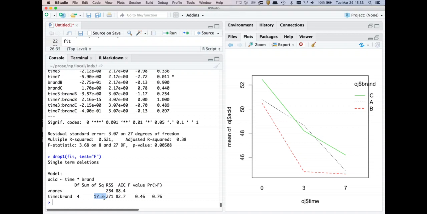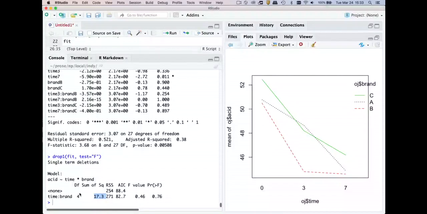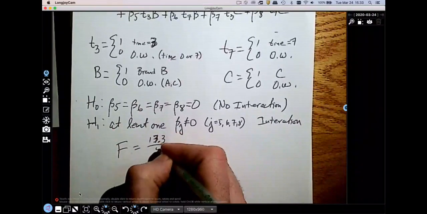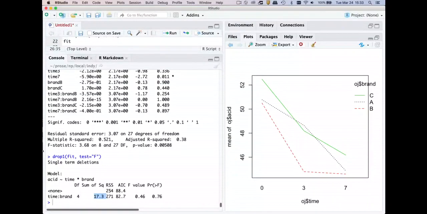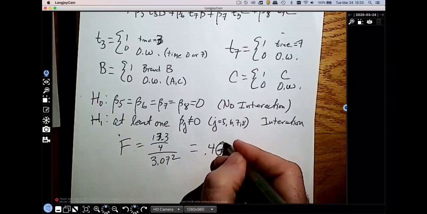So if I take 17.3 and divide that by 4, then divide by the mean squared error. So what's the mean squared error? Well, we can get it from right here: 3.07 squared. This is equal to 0.46.